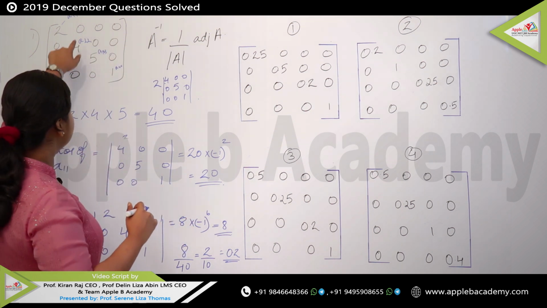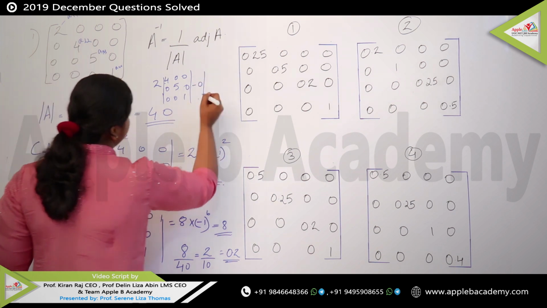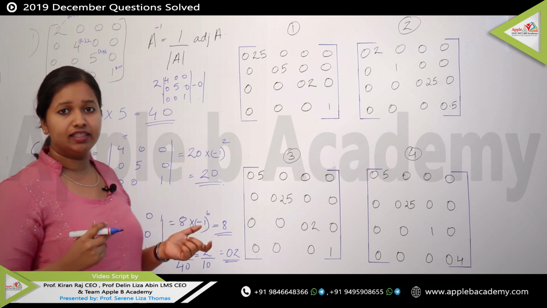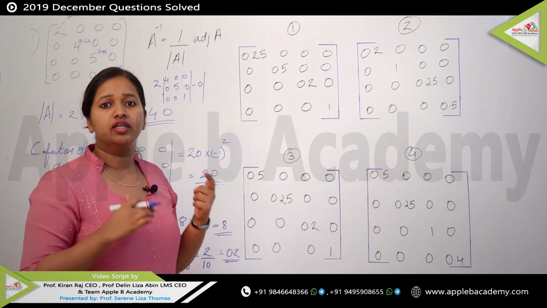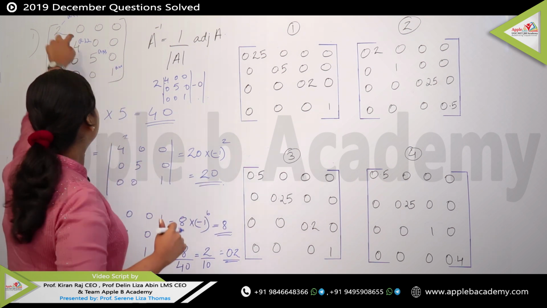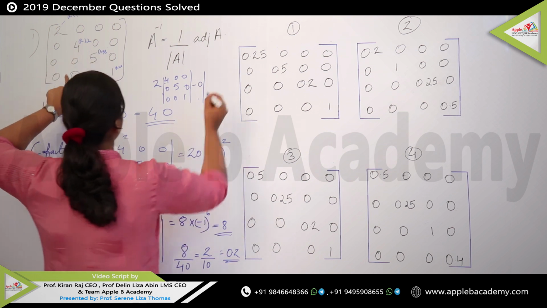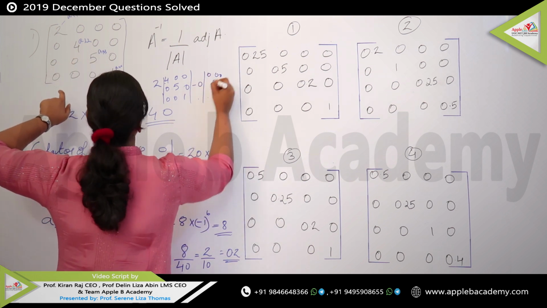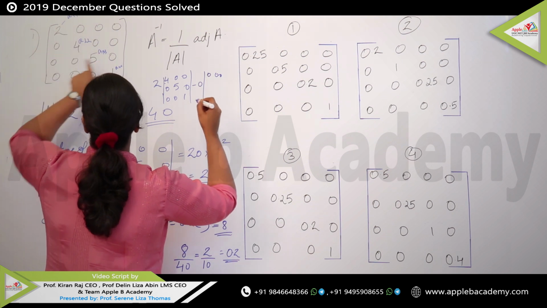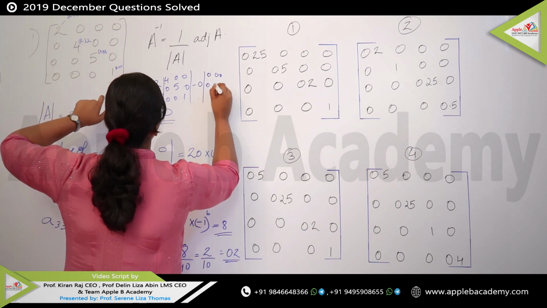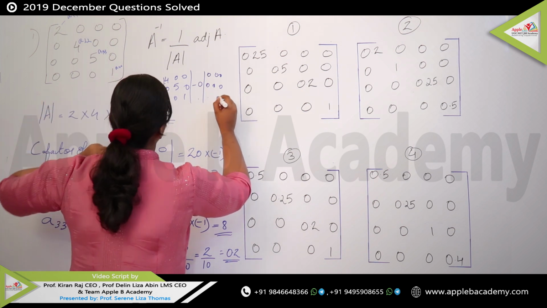Taking the second element, which is 0, that is negative 0, you write the determinant by cancelling out the corresponding row and column of that element.